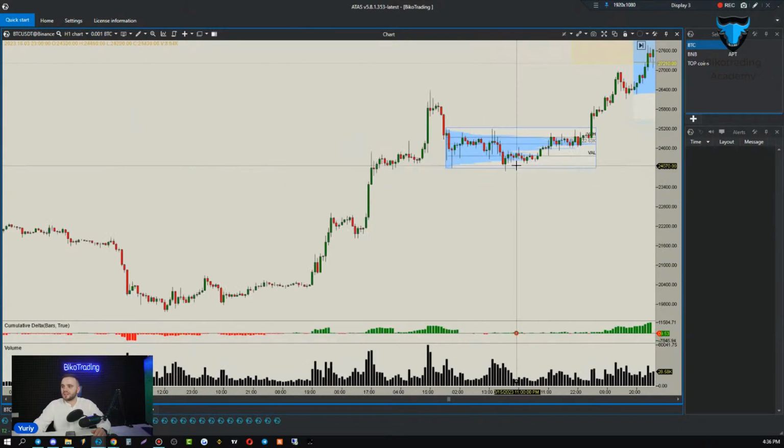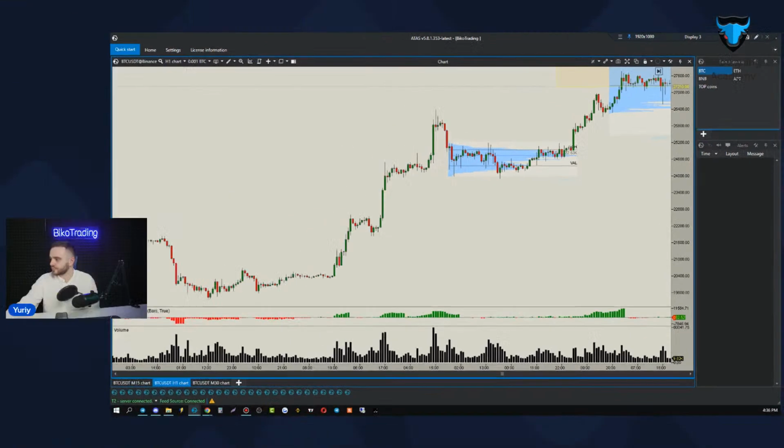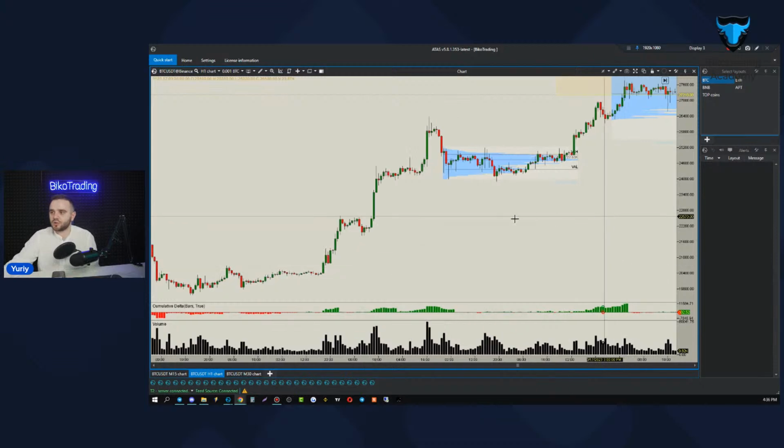Also, when we consider a breakout, it's important to understand what the trend is at this moment. Because in this example, we had a powerful bull trend and price just continues this bull trend. We didn't have even a lower low in this case because price was super bullish.